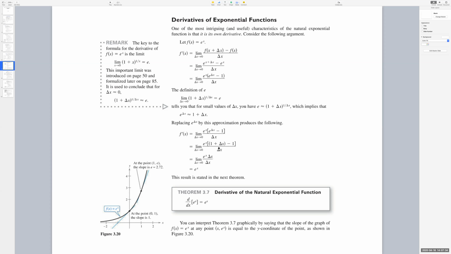Then you can simplify this down to e to the x times delta x over delta x, which shows you that the derivative of e to the x is itself. This is one of the very nice functions which tells you that the rate of change of the function is the same as the function value. So the derivative of e to the x is just e to the x.